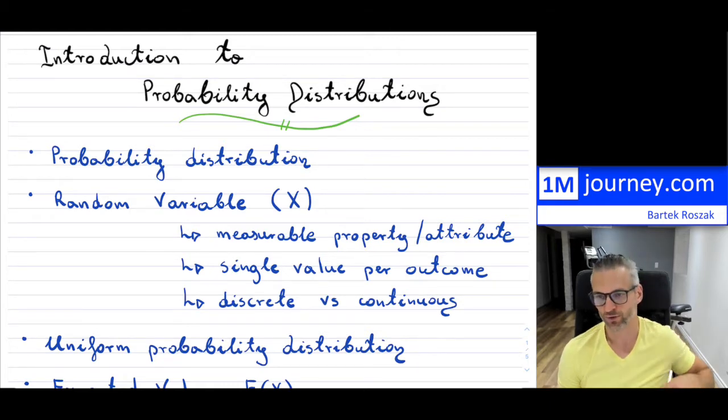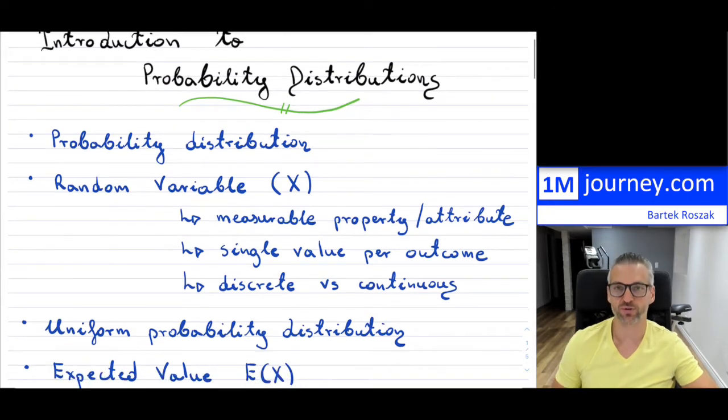So we'll talk about a random variable. The word variable you have seen. We've utilized X, so that's what that variable is. Random is kind of important because it relates back to probabilities in some sense. So you can have a measurable property or attribute, so that typically is the variable, something that we can measure in some particular way, and it has a single value for every outcome that might happen.